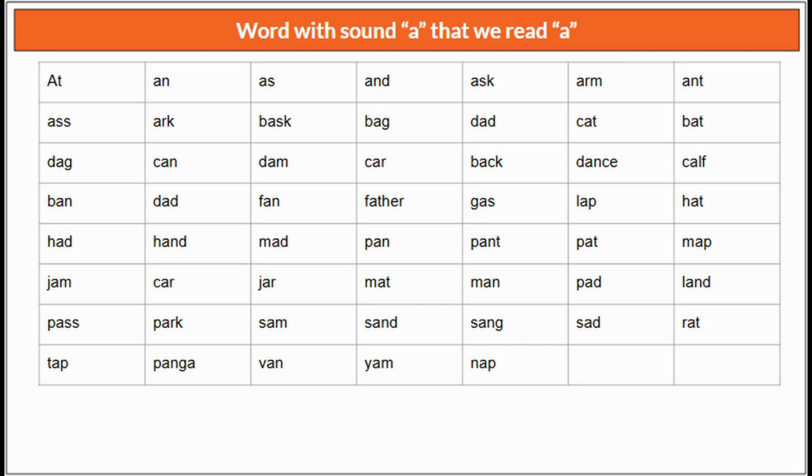So you see here after at we have an, we have as, we have and. You see, we say and not end. And because this vowel is followed by two consonants. Ask, two consonants. Ant, as, bask, bag, dad, cat, because it is only one consonant after the vowel. Bat, dag, can, dam, car, back.